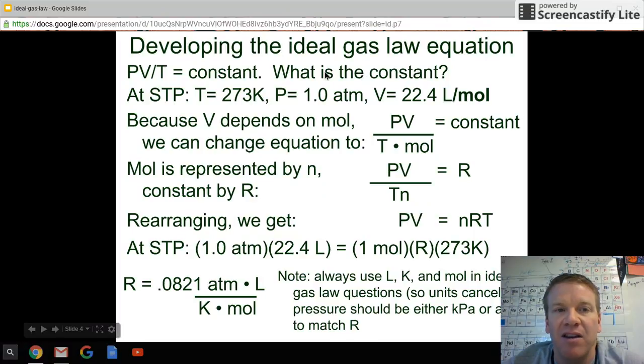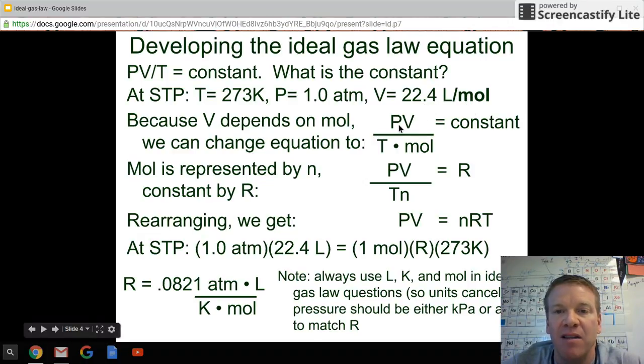Developing this ideal gas law equation, we knew that PV over T equals a constant, right? The way they came up with this value is they took standard temperature and pressure: temperature 273, pressure 1 atm. It turns out that all gases at standard temperature and pressure occupy the same volume, and it's 22.4 liters, as long as you have 1 mole of a gas.